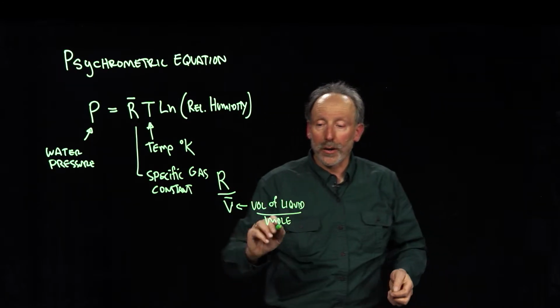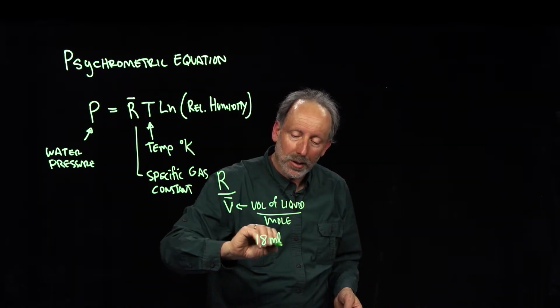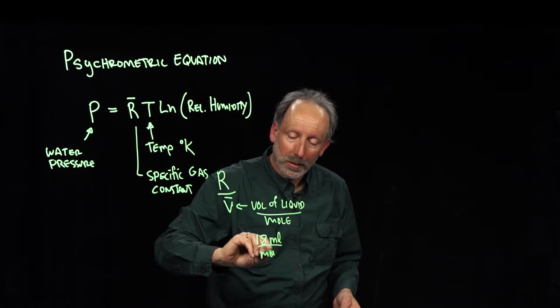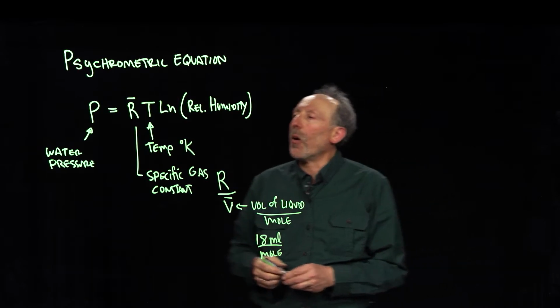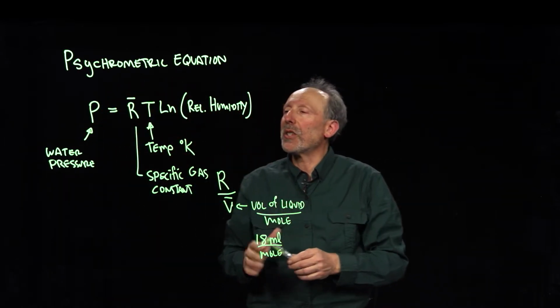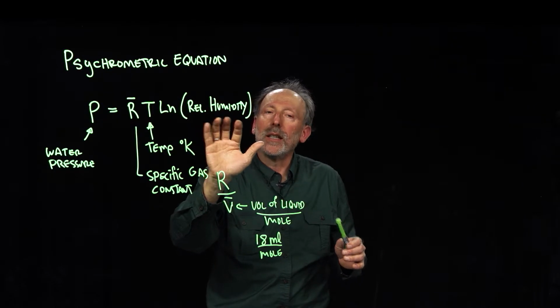So in the case of water, that would be 18 milliliters per mole, okay? Approximately, okay. So here's the psychrometric equation, which is a really interesting thing.